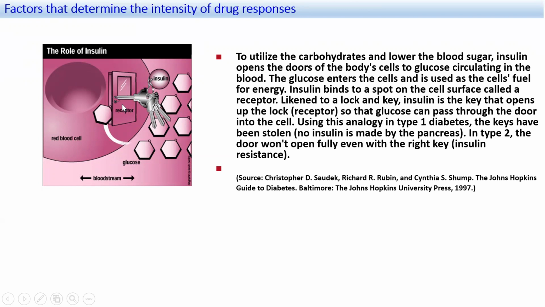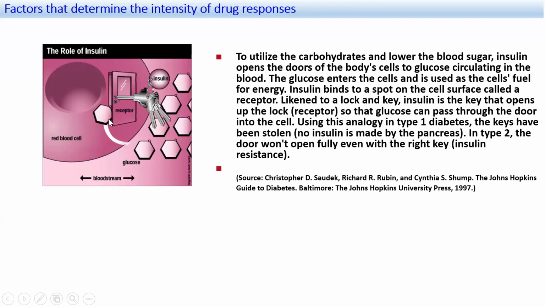So that's type 1. Because there is no insulin, no glucose molecules will enter the cell. However, in type 2 diabetes, there will be some, so this is called a lock and key mechanism. The drug has to interact with the receptor.